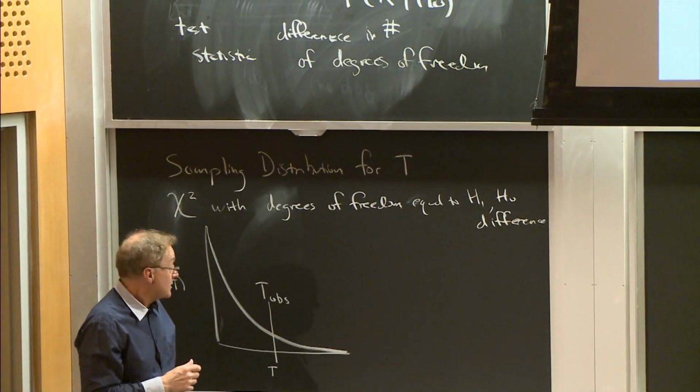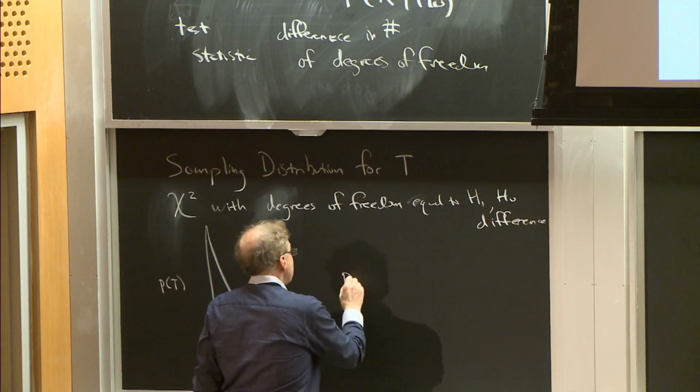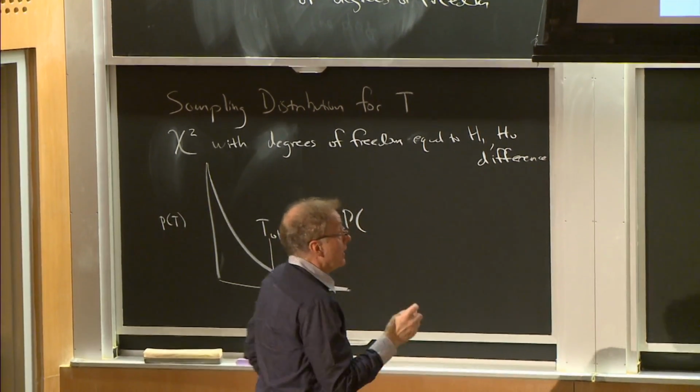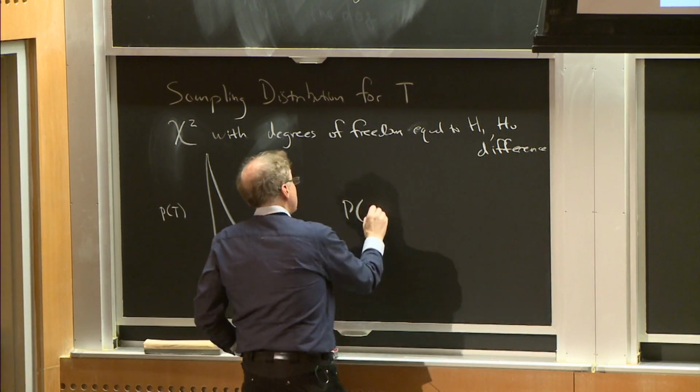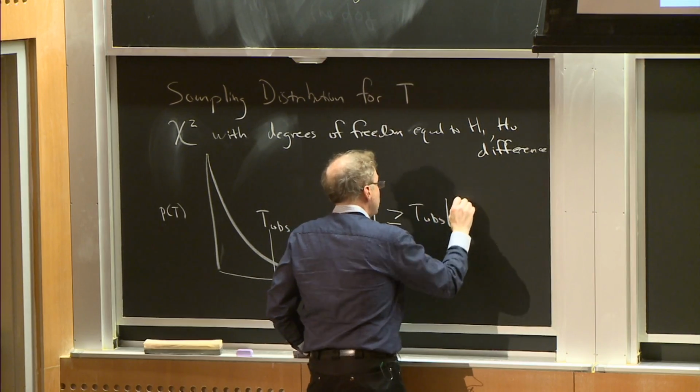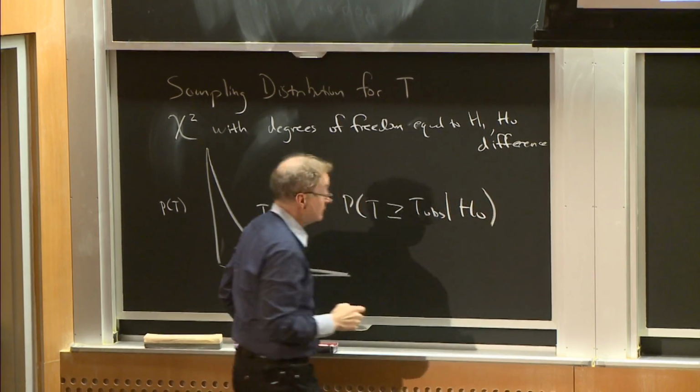What we would like to ask is, what's the probability that our test statistic is greater than or equal to t observed given that H0 is true?